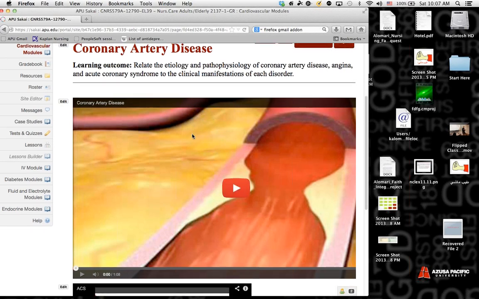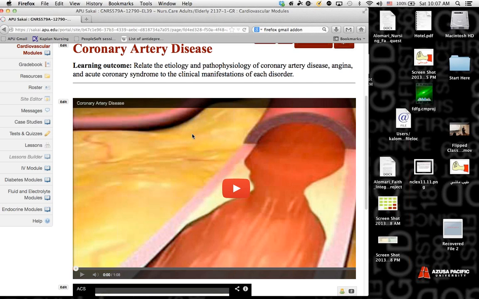Okay. Coronary artery disease. This is one of the most common problems in cardiovascular that actually leads to death. Again, just like any other organ, the heart has its own circulation, and of course it's a very serious circulation because every cell in the body depends on the circulation that comes from the heart.